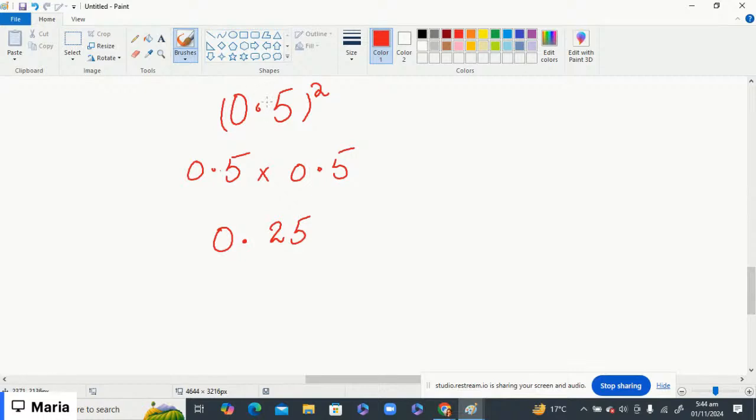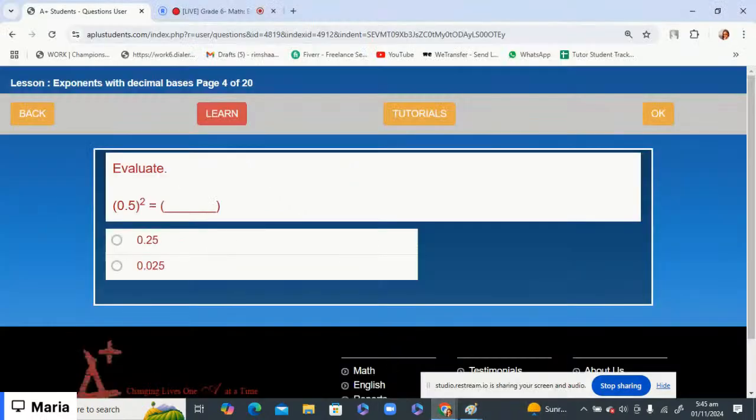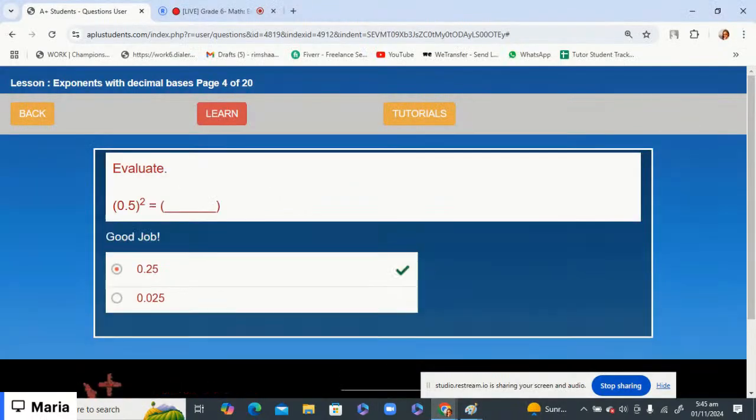Because here is no 0. Look, is there any 0 here? No. So just simply 5 and 5. This is the 0 before the point and we are putting this 0 before the point. Okay, so this is only 0.25.